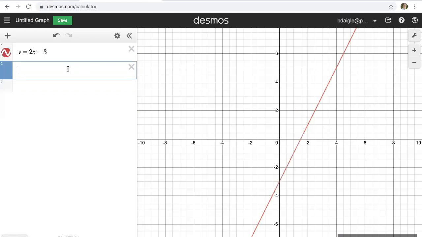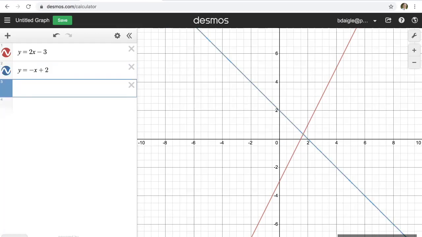I can type in an equation, say y equals negative x, a negative slope of -1, and then let's shift this one up 2. Hit enter. And now I have a blue line highlighted when I'm inside that equation, red line highlighted when I'm inside that red equation, and then the intersection is a solution.